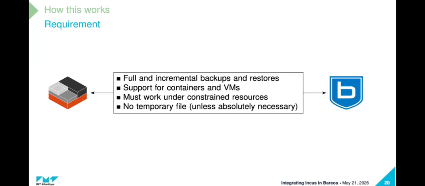So I cannot really handle having temporary files because this server has a 20 terabyte hard drive, and the VM that I want to back up is 12 terabytes. So I can't have a temporary file growing over 8 terabytes. So that was a huge no-go.